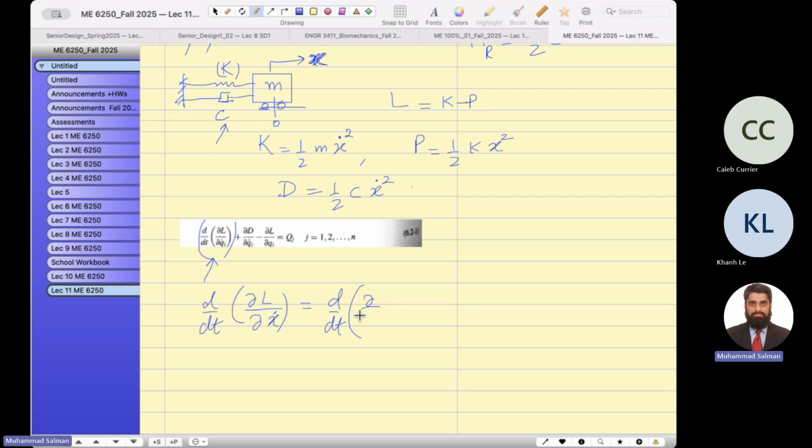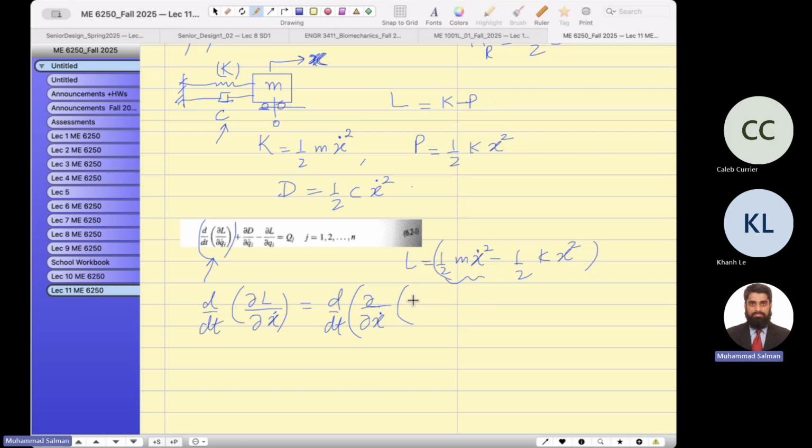What is the partial derivative with respect to velocity of this L? L is what? L is equal to half m x dot squared minus half kx squared. Agreed. So now this is my L. Let's differentiate this with respect to velocity.